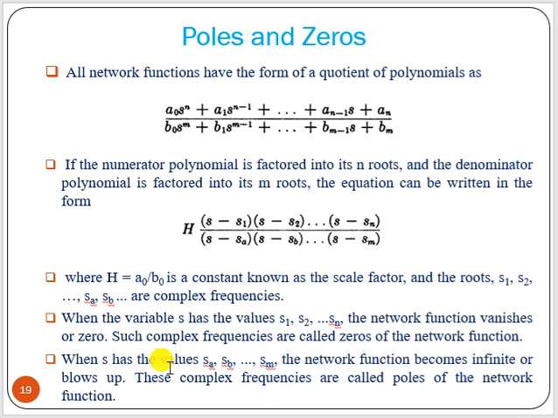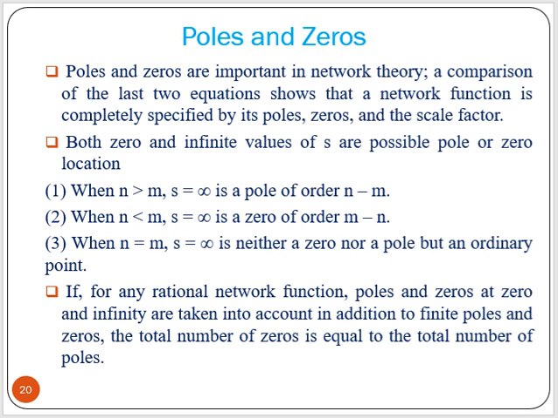And when s has the values sa, sb up to sm, that is for the denominator, the network function becomes something by 0, infinite, or it blows up. These complex frequencies are called poles of the network function. So zeros make the function equal to 0, and poles make the network function infinite.